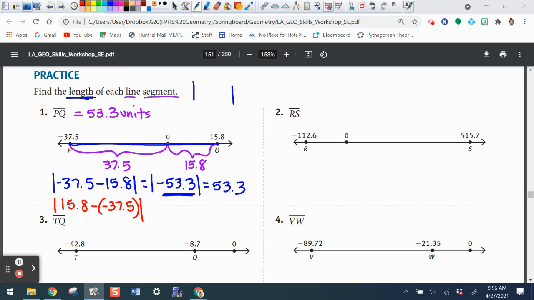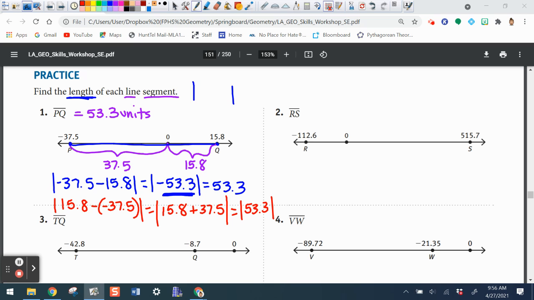When we subtract a negative, we change it to addition. So that's the first thing I'm going to change: the absolute value of 15.8 plus 37.5. When I combine those two numbers, I get the absolute value of 53.3, which is 53.3. So there are three different ways, if you look at it, to find the distance between 2 points on a line segment. So use any method that you see fit.